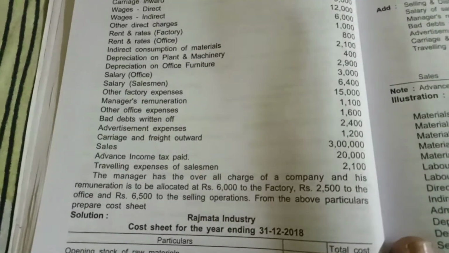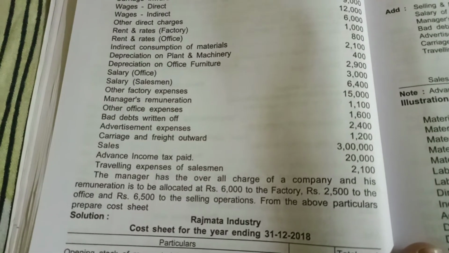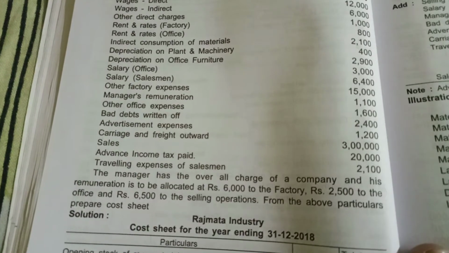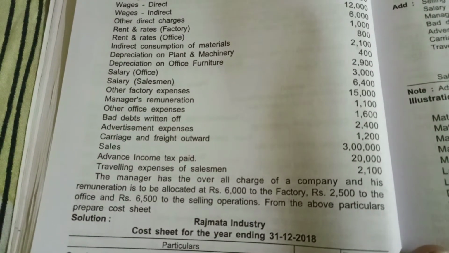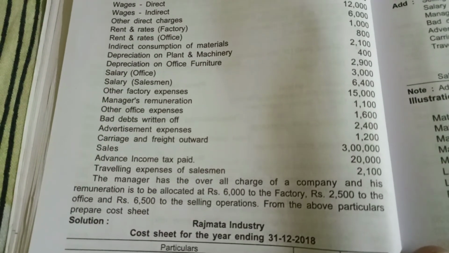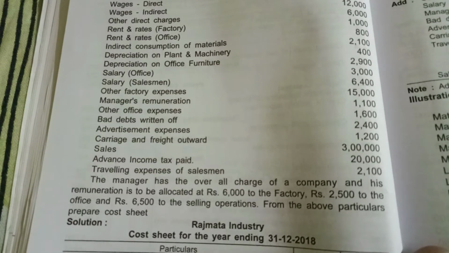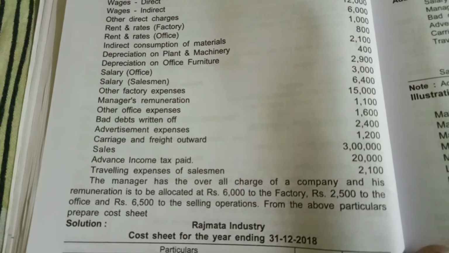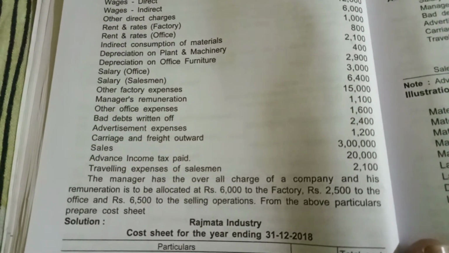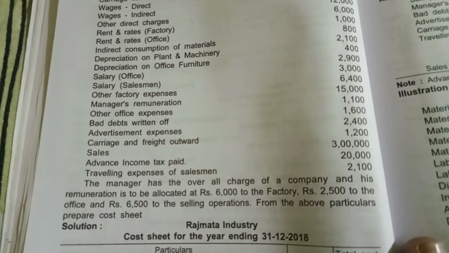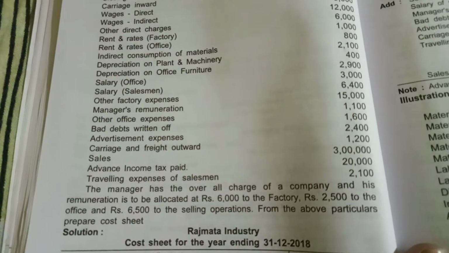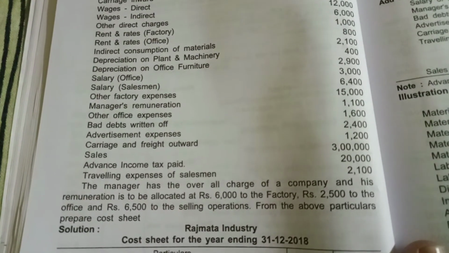It means that the 15,000 paid to the manager is the remuneration of the company itself, and it is to be allocated: 6,000 to the factory, 2,500 to the office, 6,500 to the selling operations. So 6,000 should be shown as managerial remuneration under the factory overhead, 2,500 under the administration overhead, 6,500 under the selling and distribution overhead.